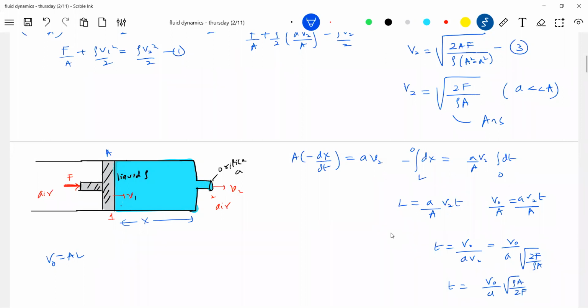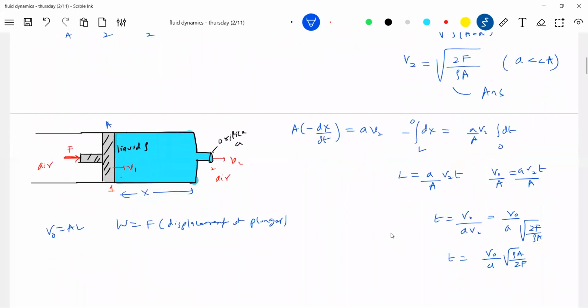After this, what to do? It is asking for the work done. I'll apply a constant force. What is the displacement? Finally, the plunger will move from the left hand until x becomes 0. So what is the work done? Work done equals F into displacement of plunger. F into displacement of plunger is how much?